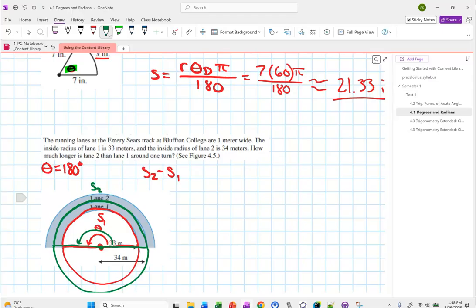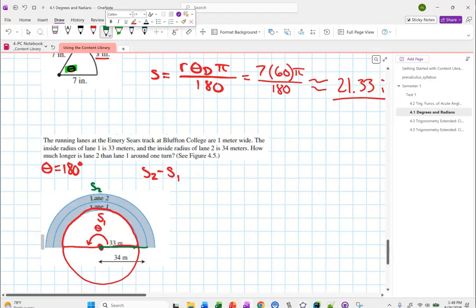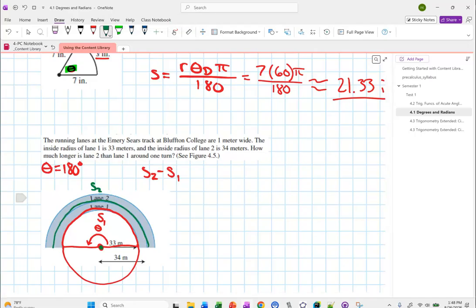It's the same angle for both circles because they're concentric. You know what concentric means again? They share the same center. Okay. So I'm just going to write that angle one time, and get rid of all this extra green mumbo jumbo just to clean this up a little bit. Everybody's okay? Okay, so this theta is the same in the green as it is in the red.